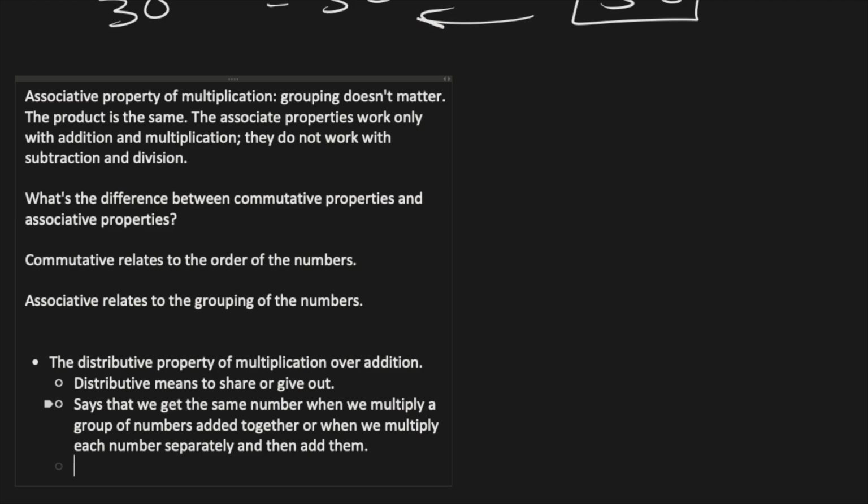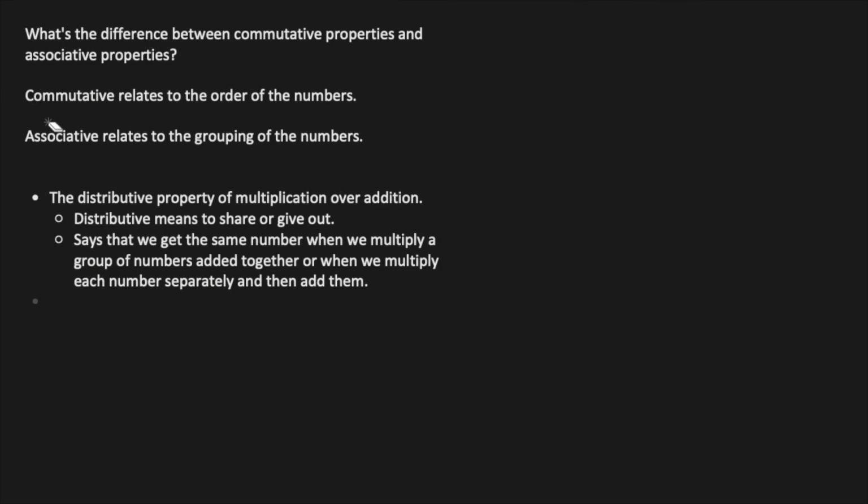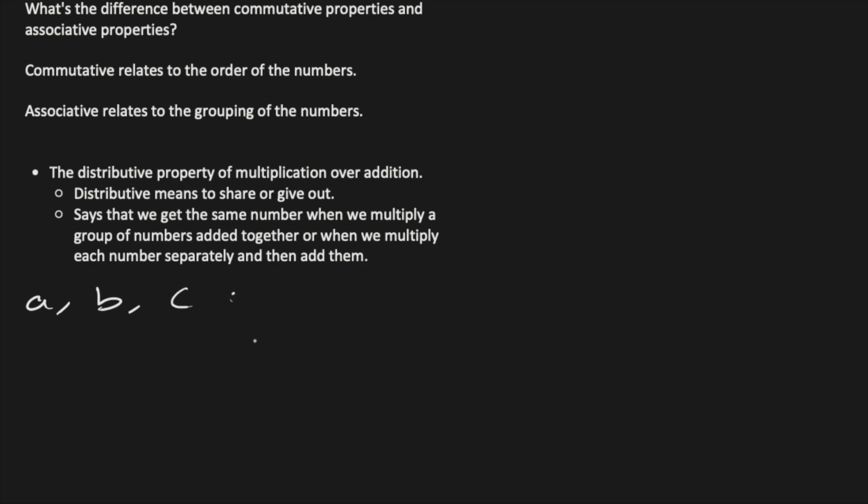So for example, let's say we have A, B, and C. The law says that A, open parentheses, B plus C is equal to A times B, close parentheses, plus open parentheses, A times C. So what's happening here is that we've distributed this A to the values inside of the parentheses. We're distributing the term to each of the terms B and C.